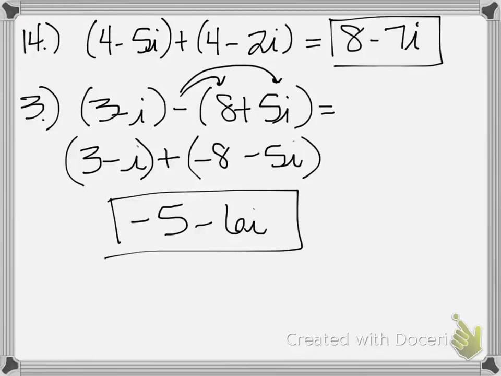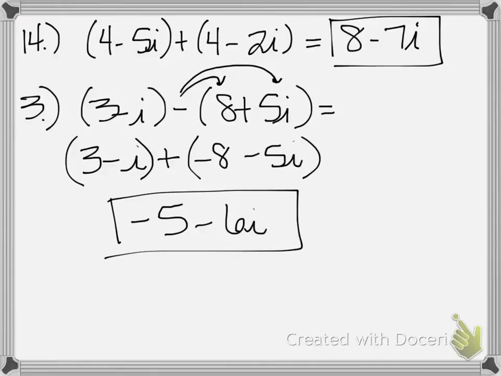Because all I did here, I added the opposite. From that first step to that second step, I just rewrote it as adding the opposite. So you'll notice all the signs in my second set of parentheses just changed. And then I could combine my like terms. So that's adding and subtracting with i.